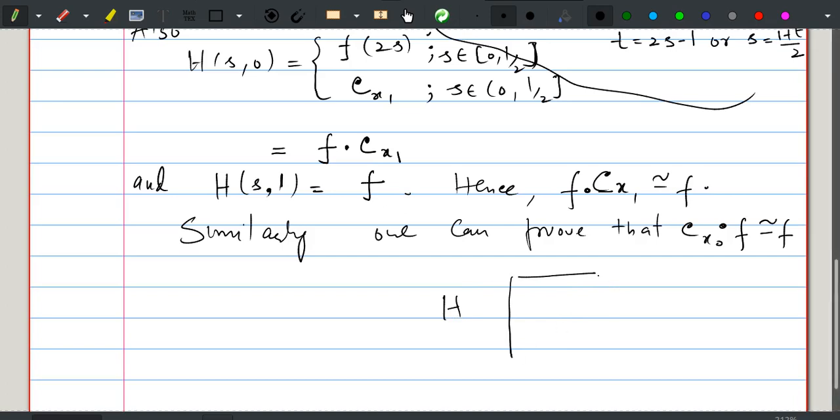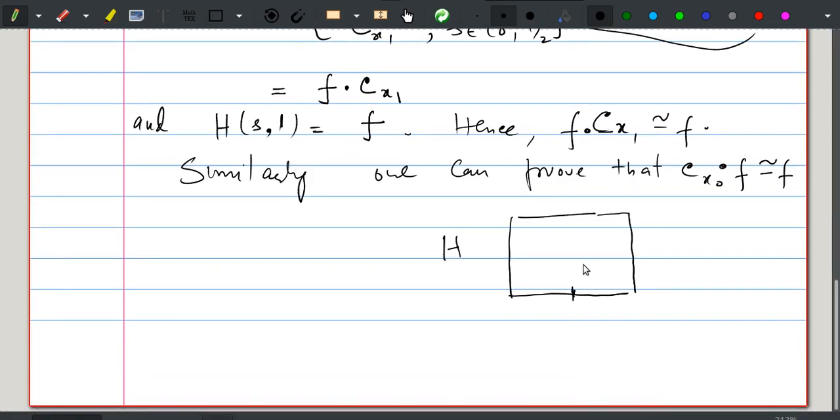Let us denote this homotopy by h. Again we have the domain I cross I. When t is equal to 0, h stays at the constant path, at x0 all the time, and in the remaining half it travels the whole f.